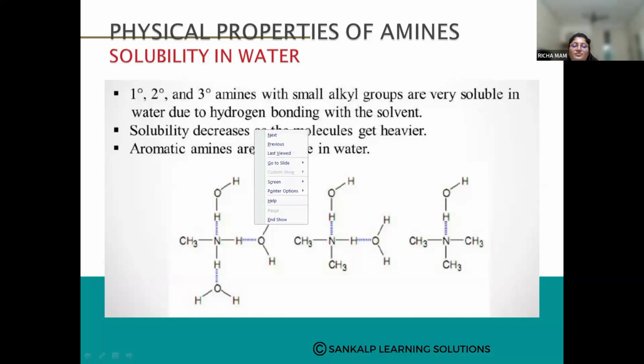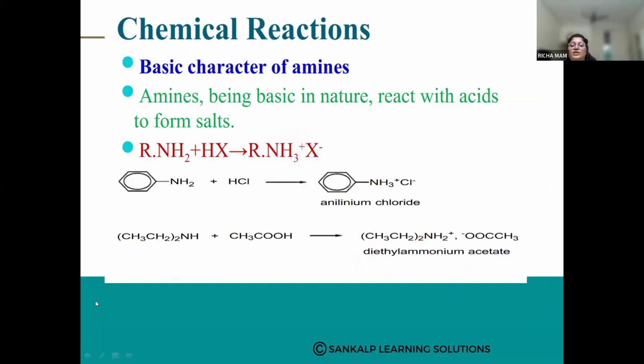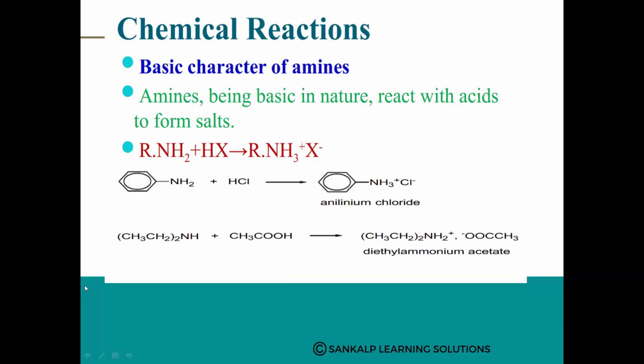Next, we are going to see the chemical properties. The first one is the basic character of amines. Amines are basic in nature, so they react with acid and form salt. As you know, acid and base react to give salt and water.